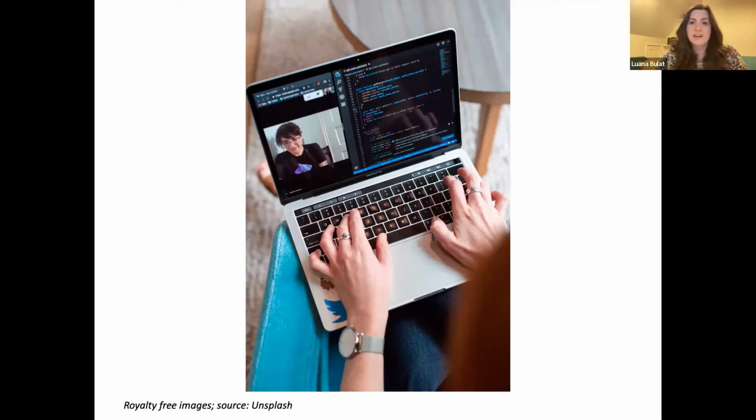Now, even if closing this gap seems like an insurmountable task, I do want to say that the college is doing its part. We are committed to increasing the number of women studying computer science at Cambridge and also supporting them to achieve outstanding academic outcomes.